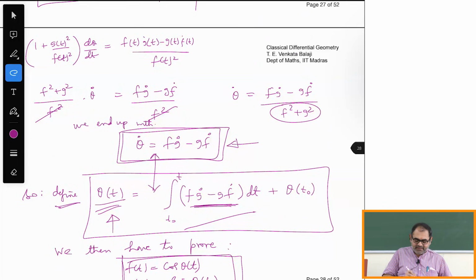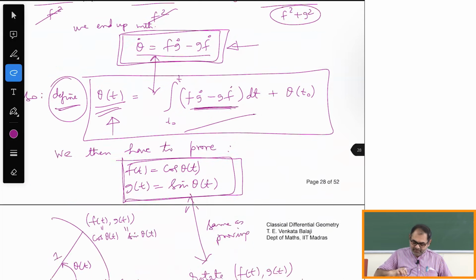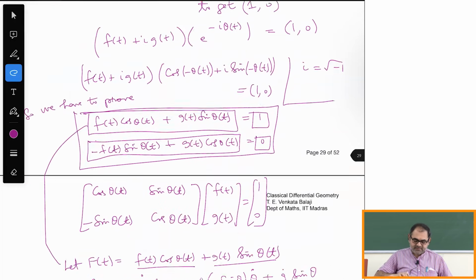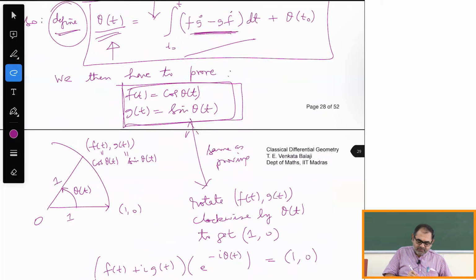When you define θ like this, it is because θ dot was taken like this, and the inspiration for taking θ dot like this was beginning with f(t) is cos θ(t) and g(t) is sin θ(t). So θ dot does satisfy this. Even from this definition, if you differentiate, you will see that θ dot satisfies this. So I can replace that. θ dot is just f g dot minus g f dot.